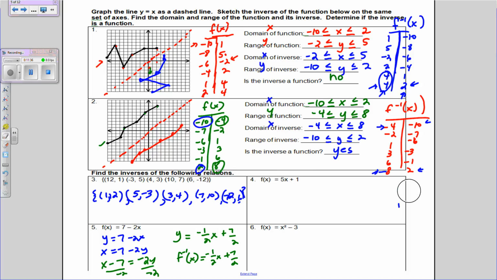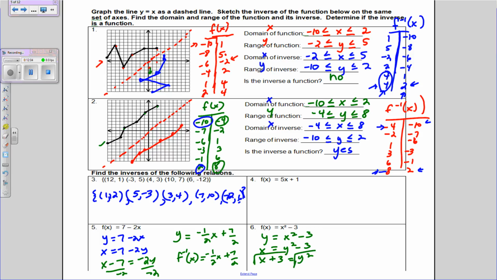Okay, for number 6, first change f of x to y. So we have y equals x squared minus 3. And we're going to switch x and y. X equals y squared minus 3. And I'm going to move the 3 over, so change it to plus 3. X plus 3 equals y squared. And then I'm going to take the square root of both sides to get rid of the squared.